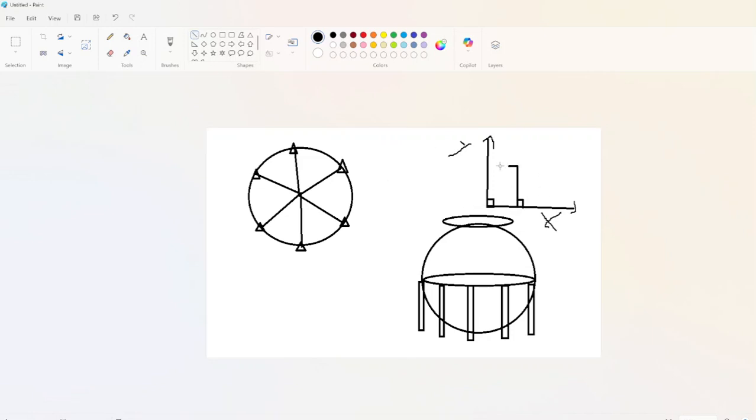The same thing for the y coordinate, except it's a horizontal line over here, and it's still a right angle, and this value is the y coordinate.